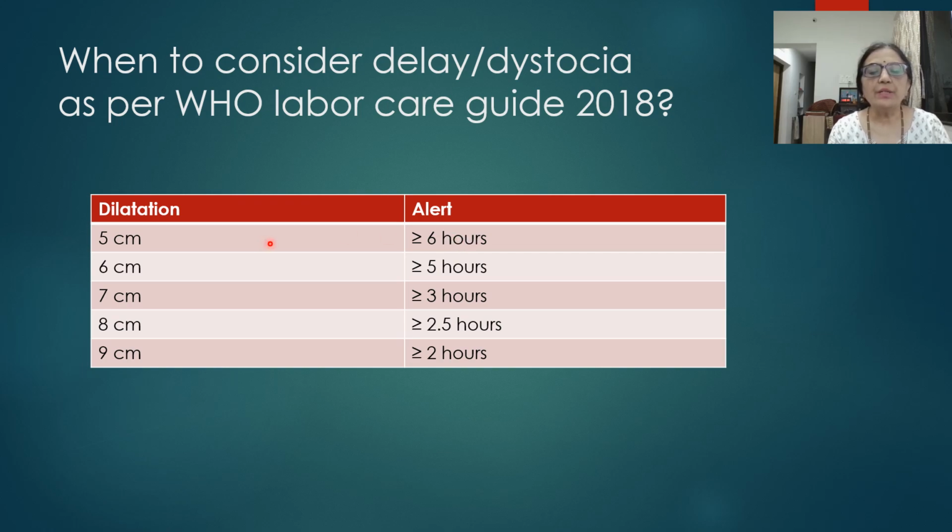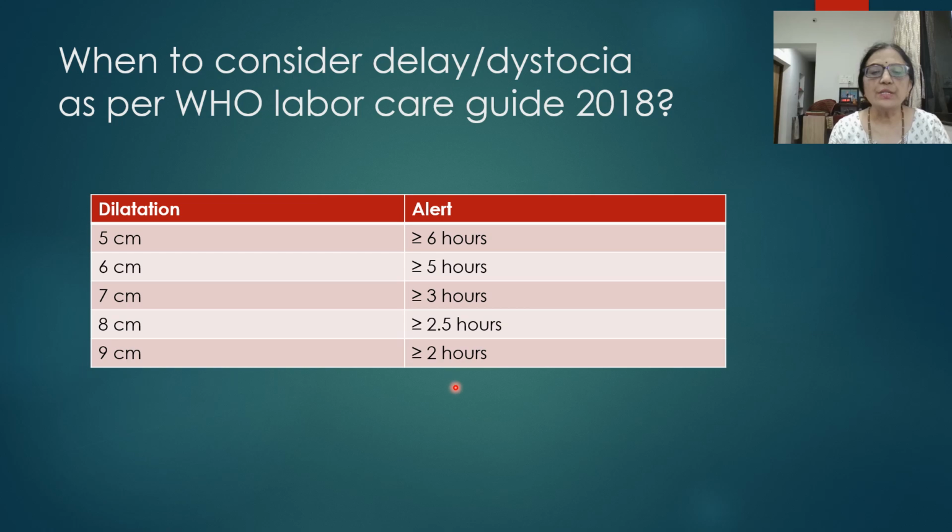So if 5 centimeter dilatation remains the same for greater than or equal to 6 hours, then we are supposed to consider that there is dystocia and take the appropriate action. Same for 6 centimeters, 5 hours; 7 centimeters, 3 hours; 8 centimeters, 2.5 hours; and 9 centimeters, 2 hours.